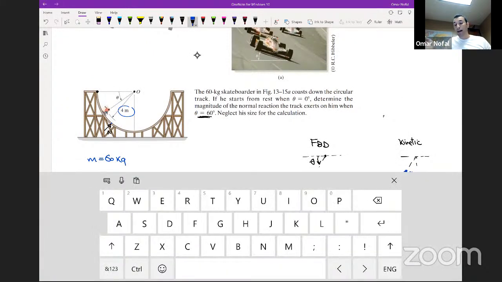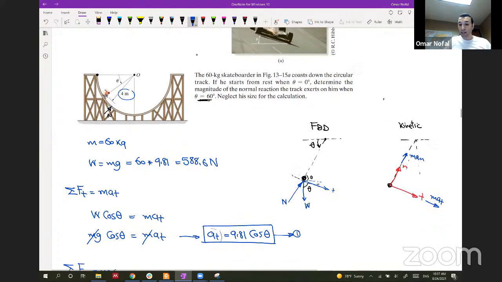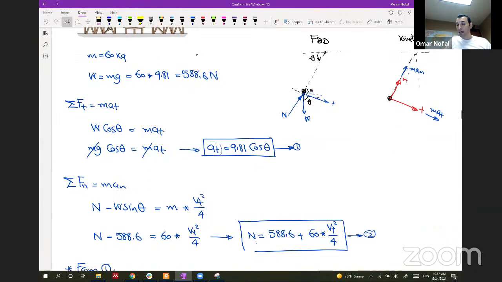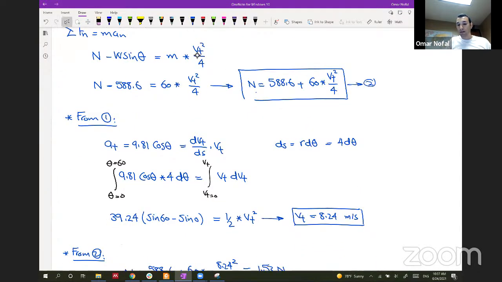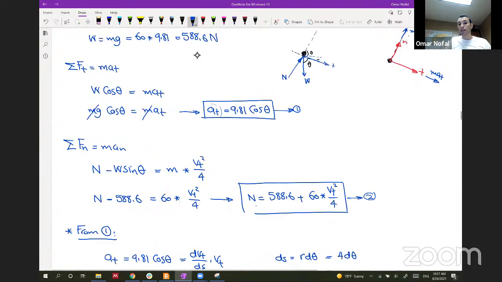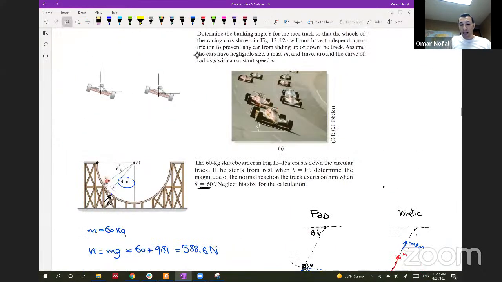And if it asks for a different angle, like theta equal to 30, it will be the same with everything. We keep the a tangent as a function of theta, and then we integrate this function from theta equals 0 to theta equals 30. We do this because the acceleration keeps changing with theta.